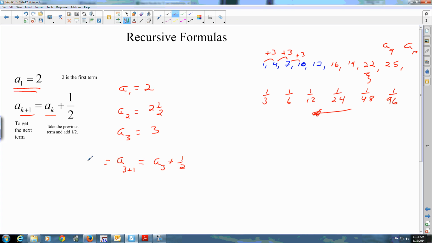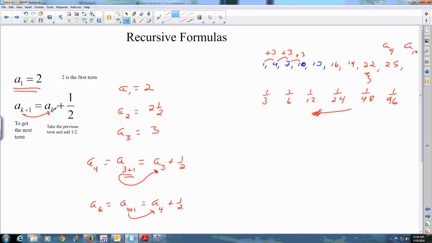See, this is A sub 4. To get the next term, I'm going to take the previous term and add a half. To get the next term, take the previous term and add a half.